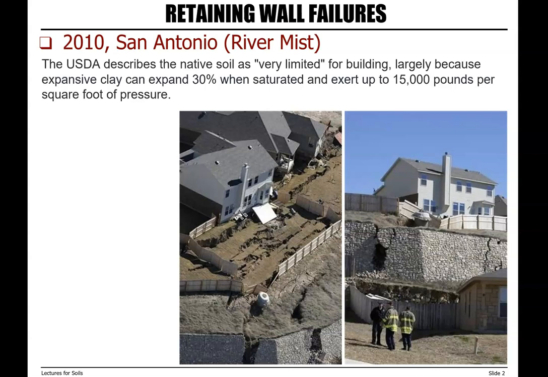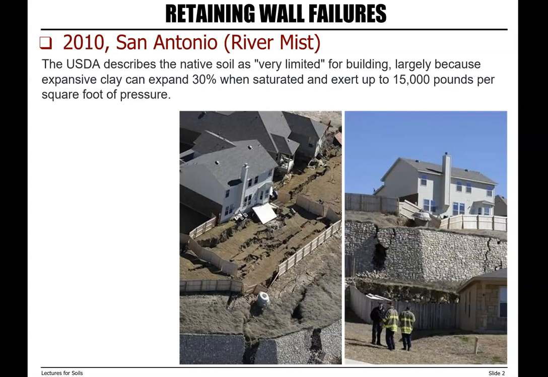In this slide, what you see is a retaining wall failure in an area where the soil was described as very limited for building, mainly due to presence of expansive clay.